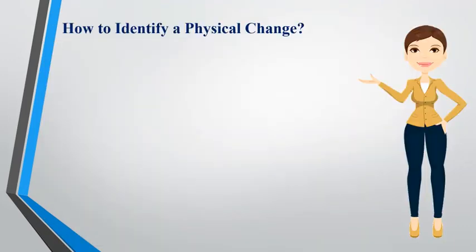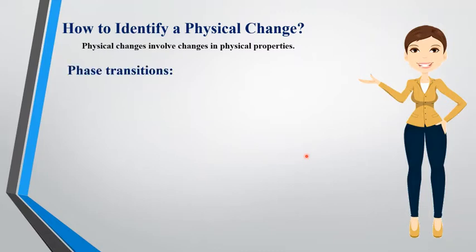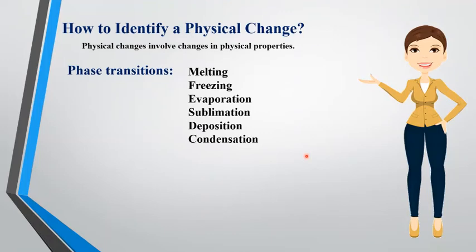Next is how to identify the physical change. Always remember that physical change involves a change in physical properties. So it means that it will undergo different phase transitions: melting, freezing, evaporation, sublimation, deposition, condensation, and others.